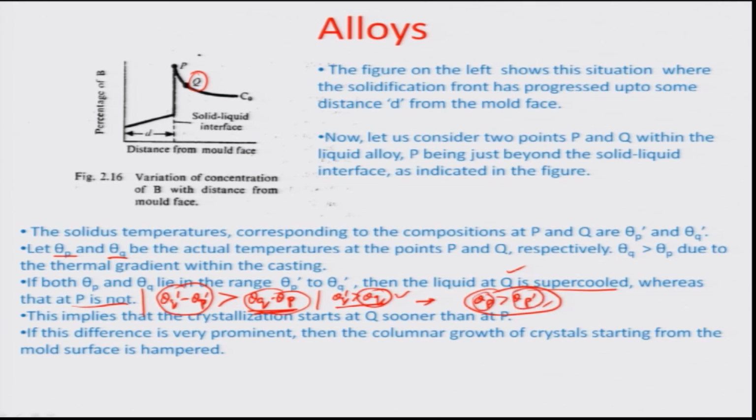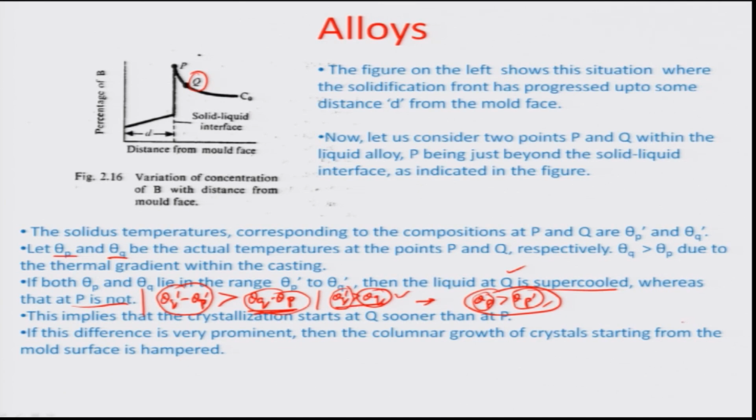So, it is still in the liquid phase, it is not yet solidified completely. So, it is in between, and at theta Q dash, because the actual temperature is lower than that, there is a degree of supercooling in the phase Q.